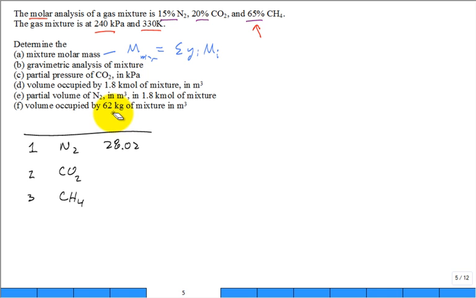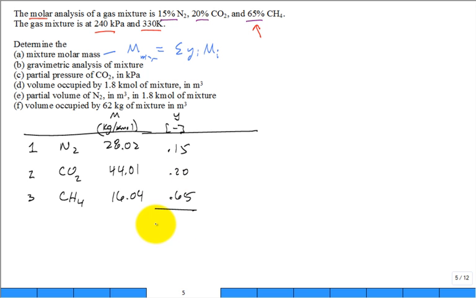And sometimes it's better to put the symbol and then below it the units, kilogram per kilomole. And then for the carbon dioxide, 44.01. And the methane, 16.04. And then I put in the given mole fractions, which are dimensionless. So it's 0.15, 0.20, 0.65.